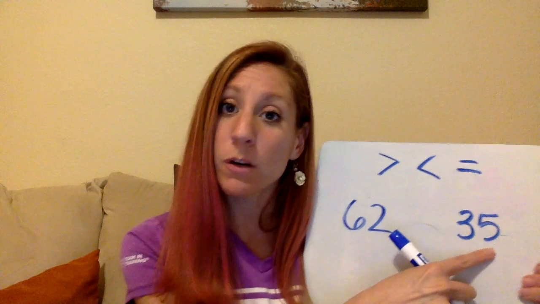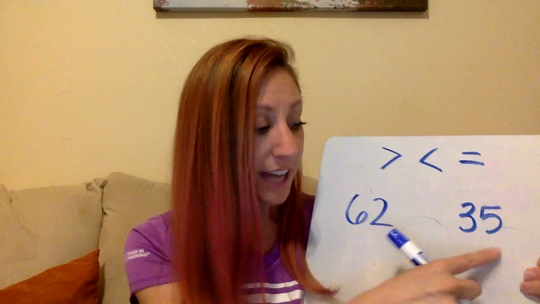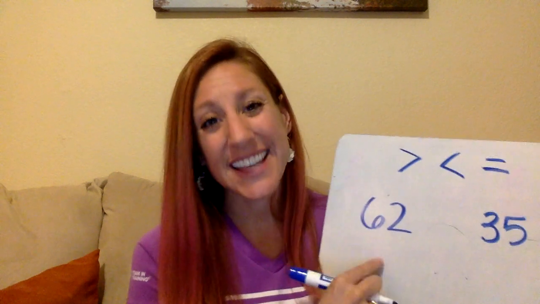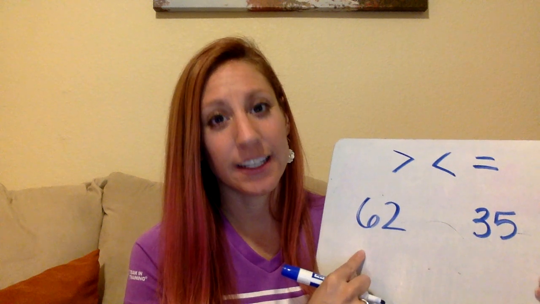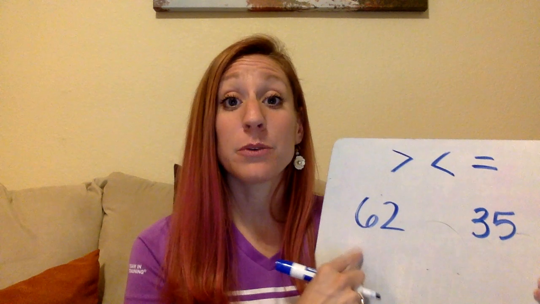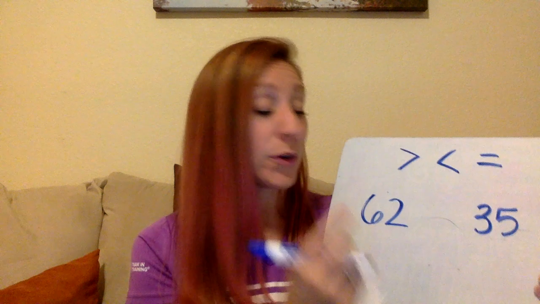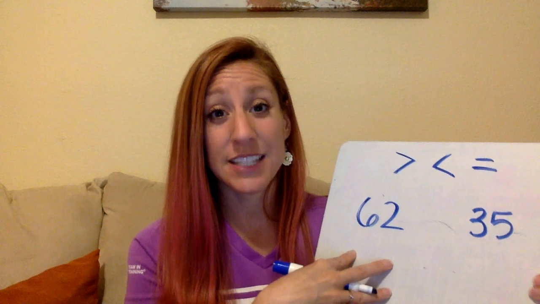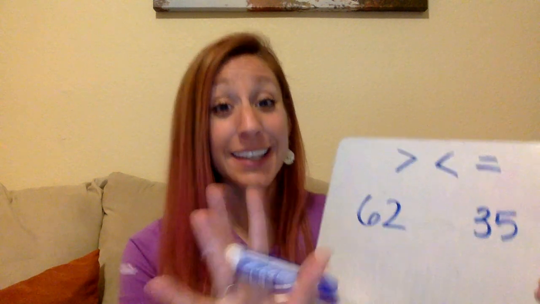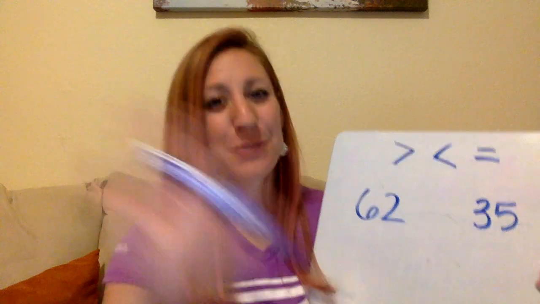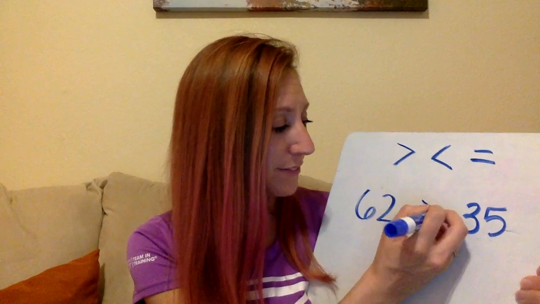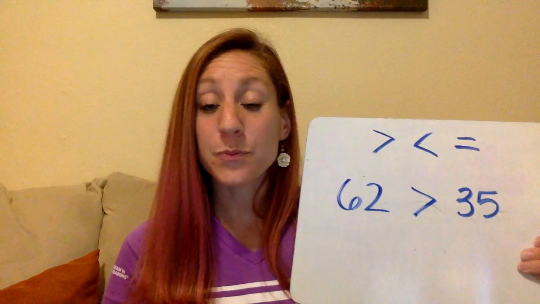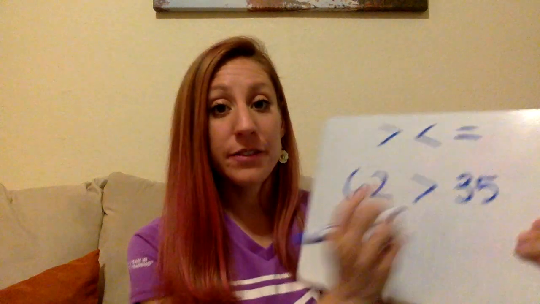Even though this one has more ones than this one, 5 is more than 2, the tens are bigger on here. Since we can start with the tens to compare, the number's always going to be bigger if the tens are bigger, if you're comparing 2-digit numbers. We'll get into 3-digit numbers a little later. So 62 is greater than 35.